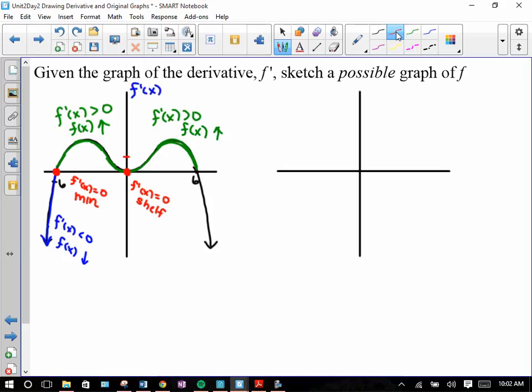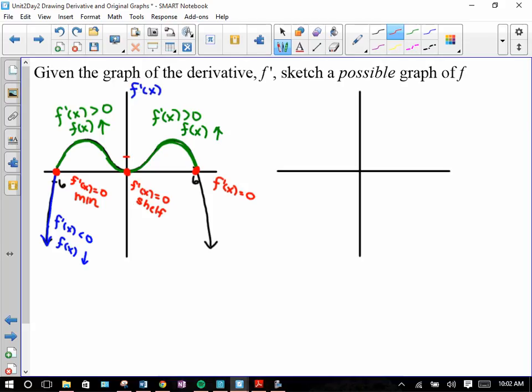All right. We're at 6. What's happening at x equals 6 right here? 0, right? So the first one is going positive, 0, negative.